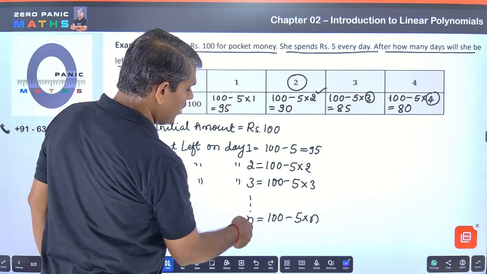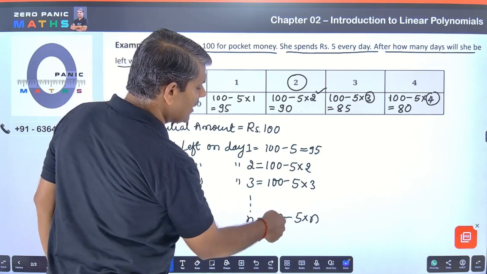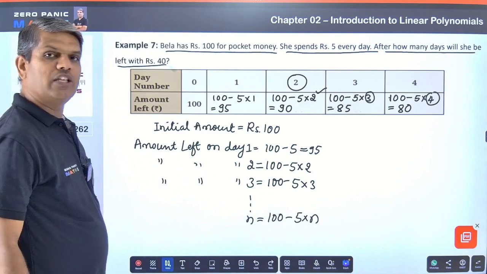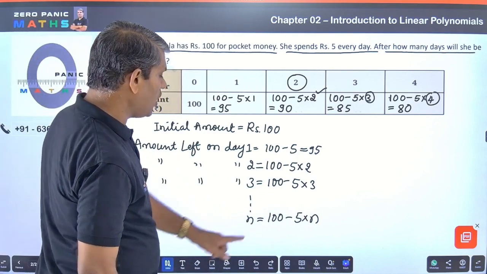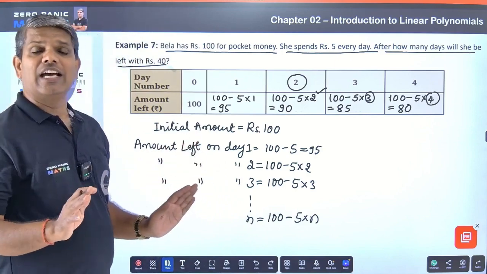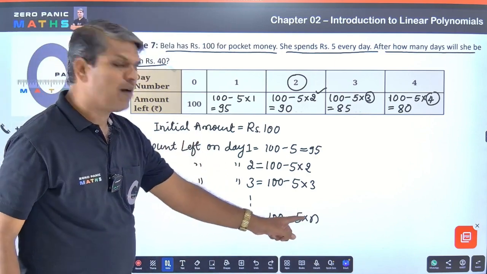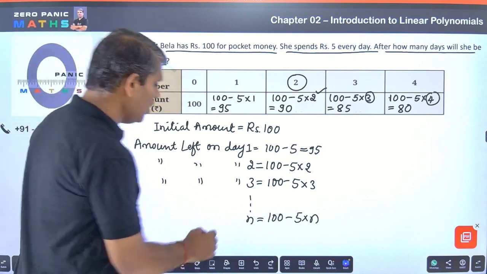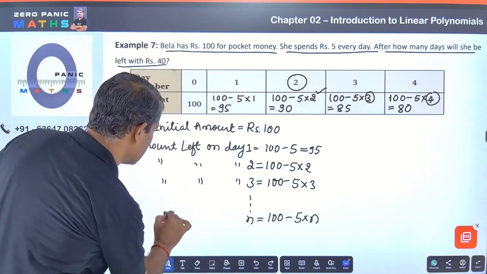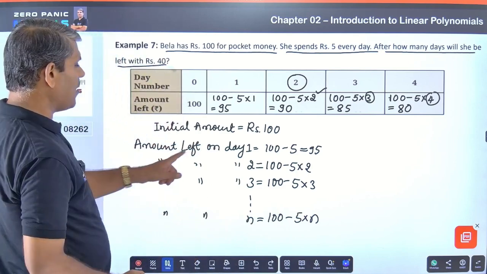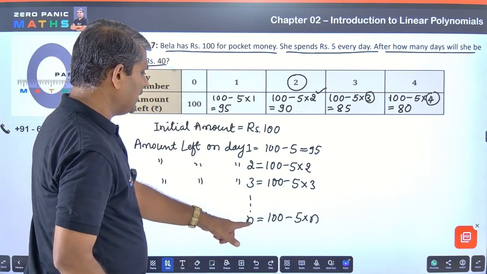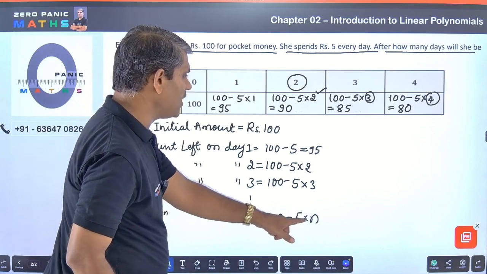So similarly on the nth day it will be 100 minus 5 into n. Using this formula, for any given day we can find out the amount left. So consider this as a formula: amount left on day n is 100 minus 5n.